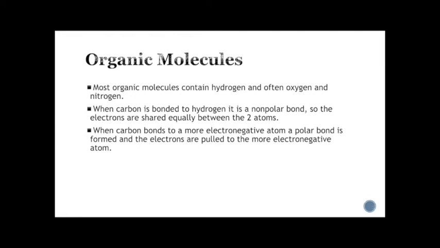Organic molecules can be either polar or nonpolar, depending on what the carbon atoms are bonded to. So if I just have carbon and hydrogen, it's going to be nonpolar because carbon and hydrogen have the same electronegativity. So that means that they will share the electrons equally and they are not pulling one way or the other.